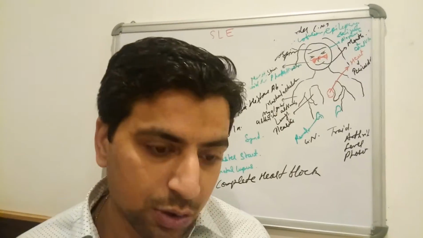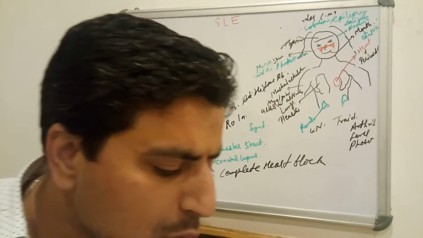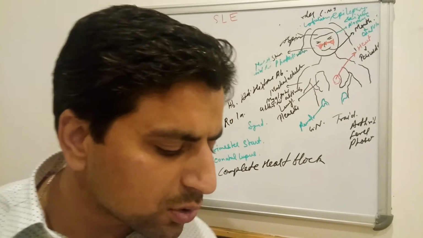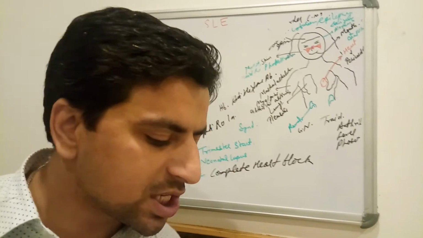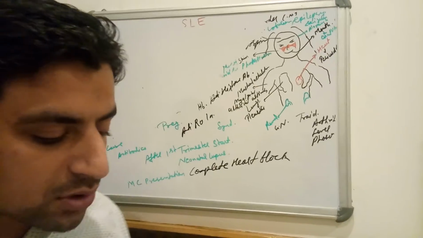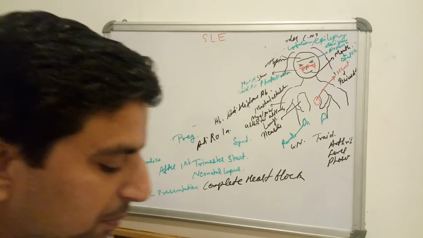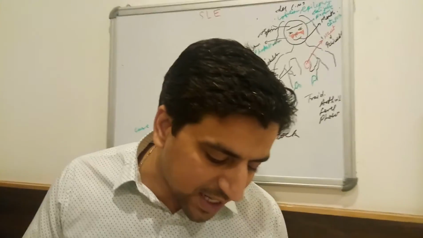Okay, our next question, Karnataka 2010. The most specific antibody associated with lupus erythematosus is dsDNA. A repeated question again, same. Okay, no problem.